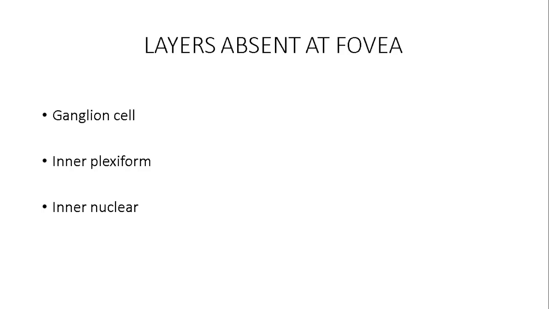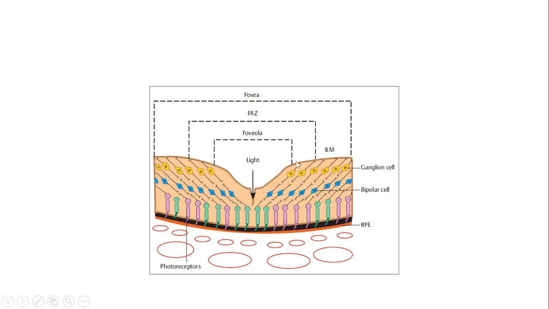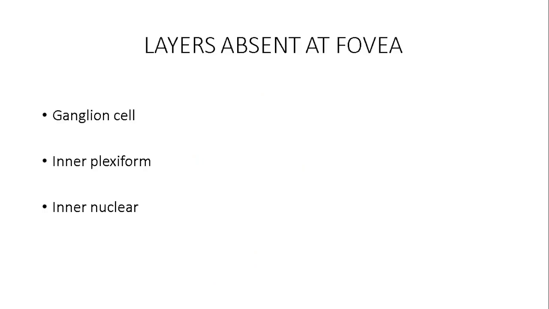So logically, anatomically, if there's a depression within the fovea, or the macular foveal complex, it therefore follows that you cannot have all the layers of the retina over there. Some of the layers obviously will be absent. The question is, which layers of the retina are absent at the fovea?